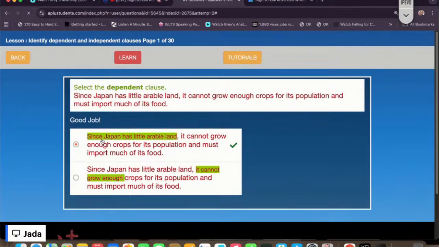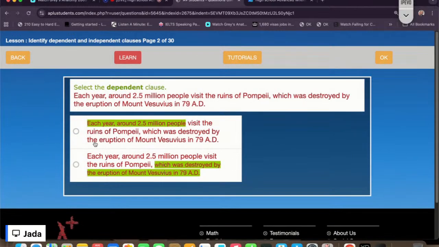All right, so we have since, because this is a subordinating conjunction, so it can start the dependent clause.